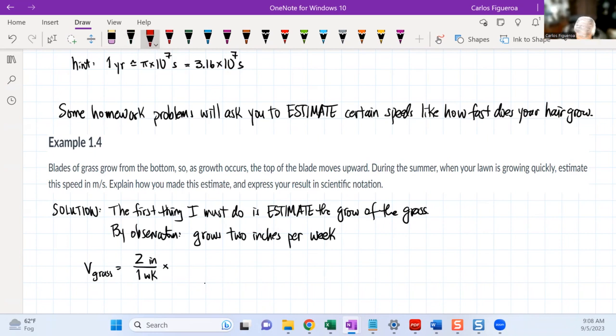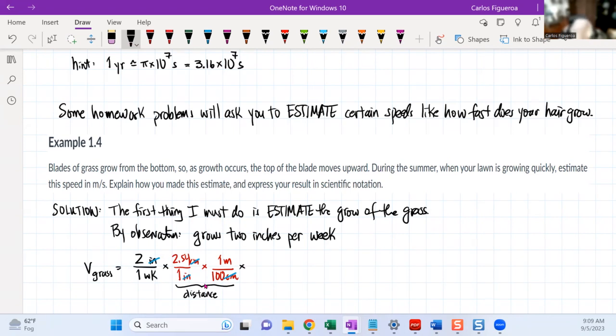I know that 1 inch is the same as 2.54 centimeters. And I know that there are 100 centimeters in 1 meter. So right away, what I've done is dealt with the distances. So my units have now been converted to meters.